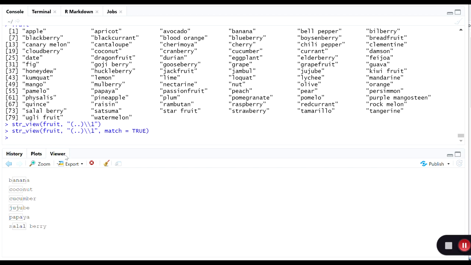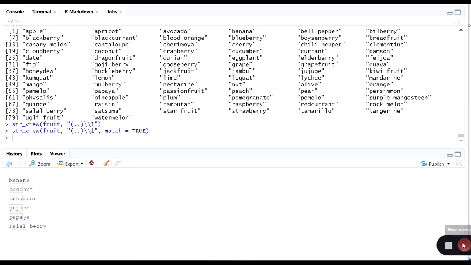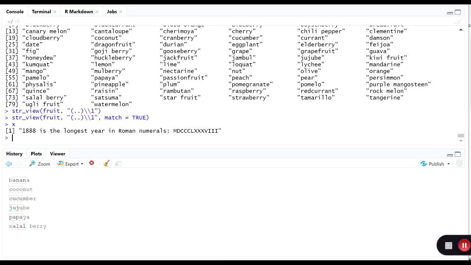Okay, so we're going to look now at these different expressions, and I want you to think in advance about what you think each one of them is going to do before we try it out and see if you're correct. So I'm going to remind myself of what was in X, and I'm going to try that first grouping that we showed and view.